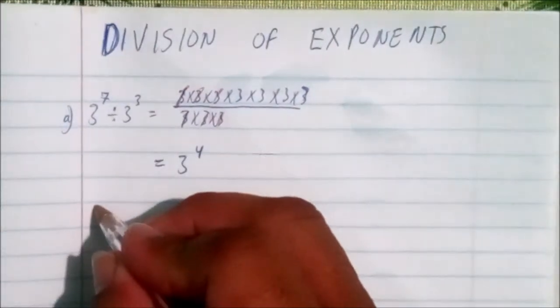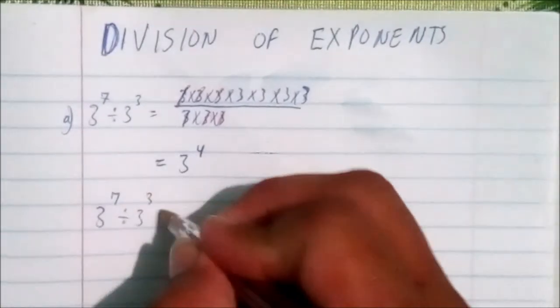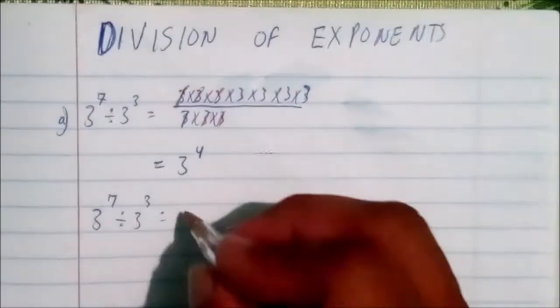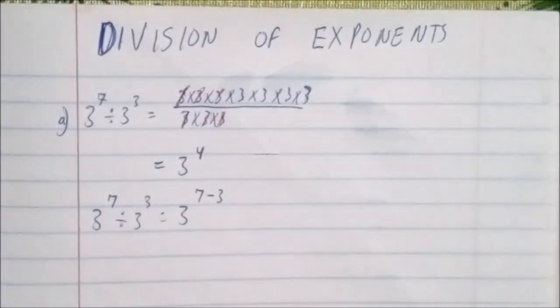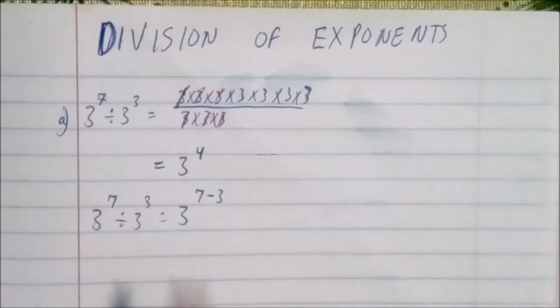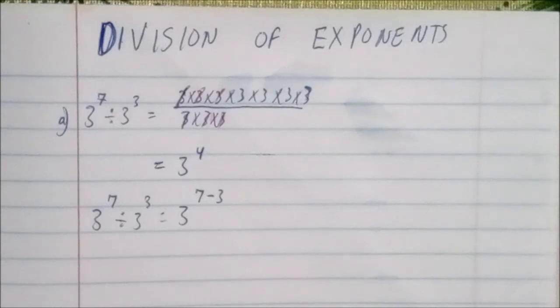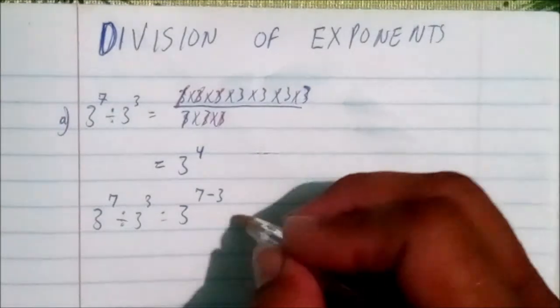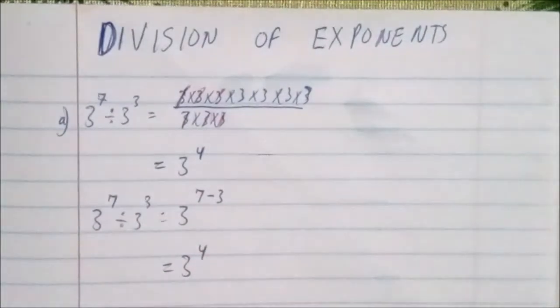Whenever you get a problem as a base to a power divided by that same base to a different power, you will keep the base and subtract their powers. But note, it is the second power subtracted from the first power, or the denominator power subtracted from the numerator power, which then gives us 3 to the 4th. And that's our solution for that particular problem.